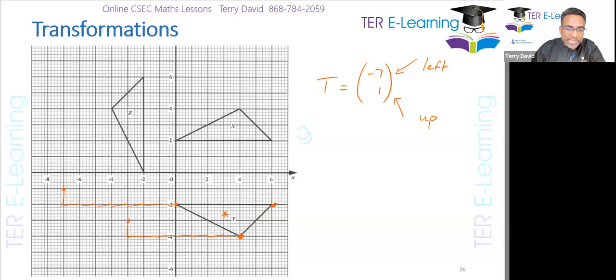So this is where this point is going to be. And the last one, we go 1, 2, 3, 4, 5, 6, 7, and then 1 up. So this is where this is going to be. So the image is going to be here. You take a ruler and complete this triangle here. So this here is V. Is that making sense?